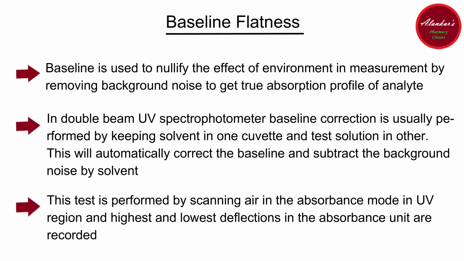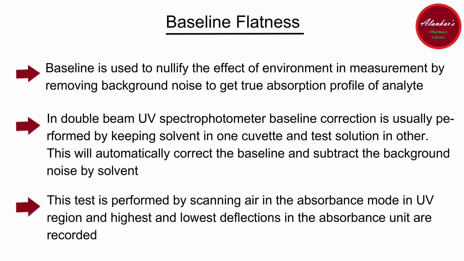Next test is the baseline flatness. Baseline is basically used to nullify the effect of environment in measurement by removing background noise to get the true absorbance profile of any analyte. In a double beam UV spectrophotometer, baseline correction is usually performed by keeping solvent in one cuvette and test solution in the other.